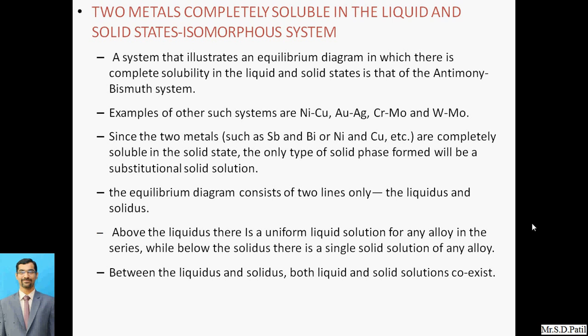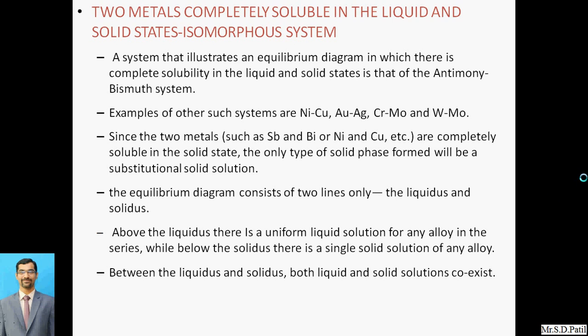Both metals should be completely soluble in the liquid as well as in the solid, because nothing should separate out in the solid state. When we cool down any liquid, it is converted into the solid state, but in the solid state it should not separate out; it should remain present as a single solid. So that is the solubility in the solid state.